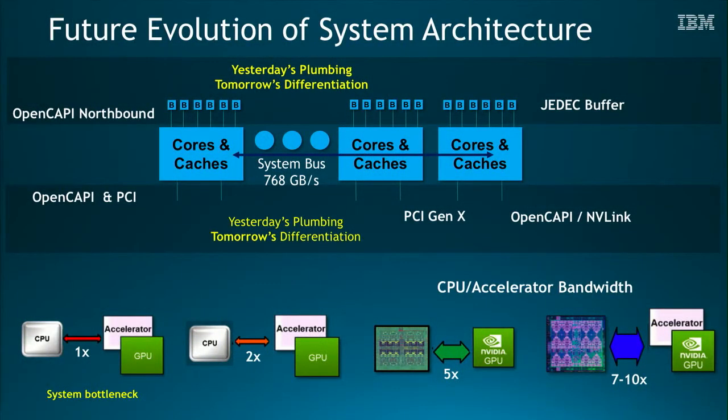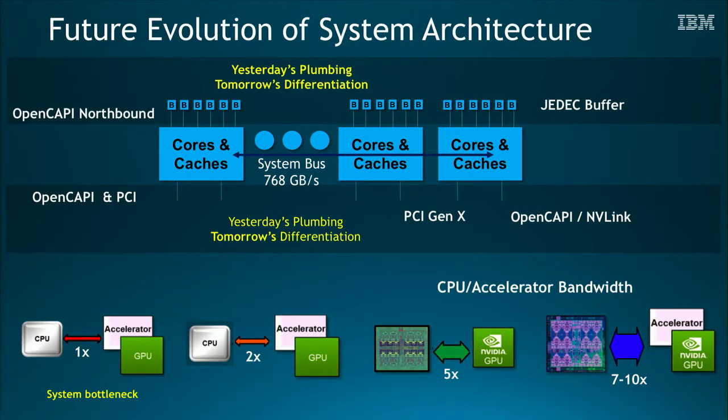So this is the big shift that's taking place in the industry right here. Cores and caches and system buses used to be the differentiator. That used to be the way that everything changed, and that's where all the value sat. Now, the I/O, that was plumbing, right? North bridges, south bridges, whatever you want to call them, that used to be plumbing.